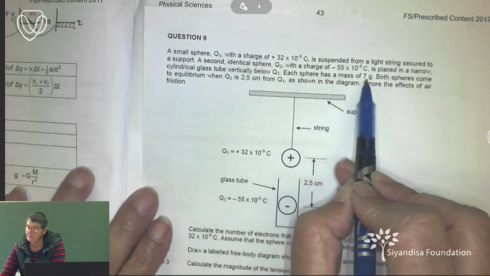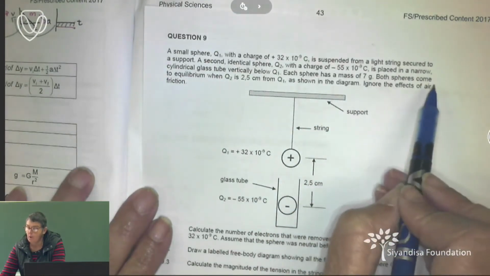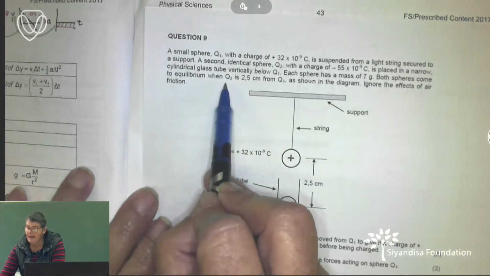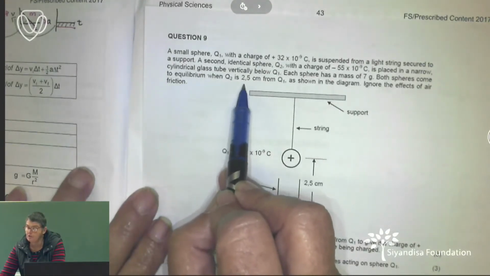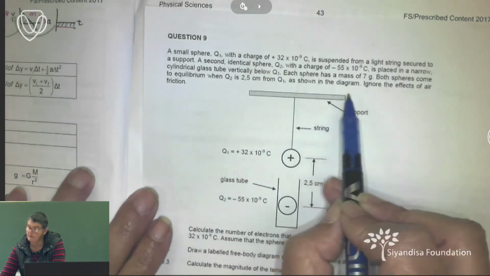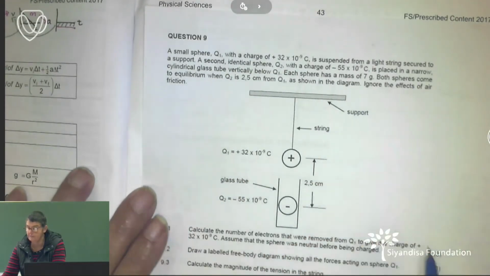Each sphere has a mass of 7 grams. Both spheres come to equilibrium when Q2 is 2.5 centimeters away from Q1, as shown in the diagram. Ignore the effects of friction.